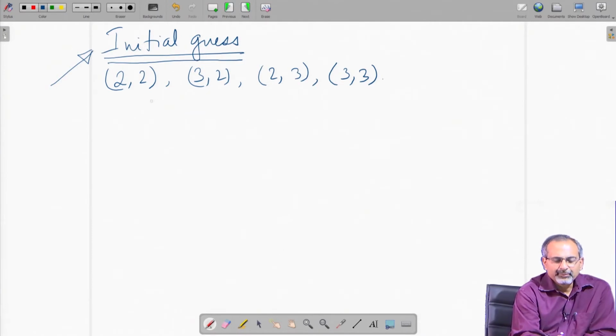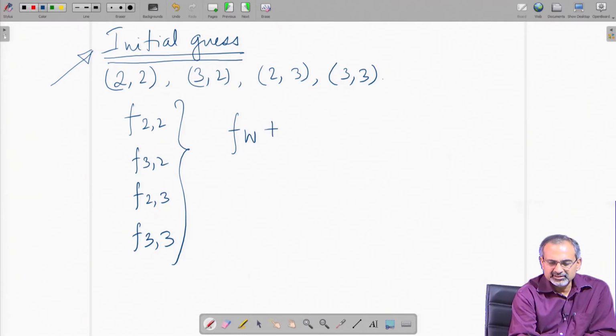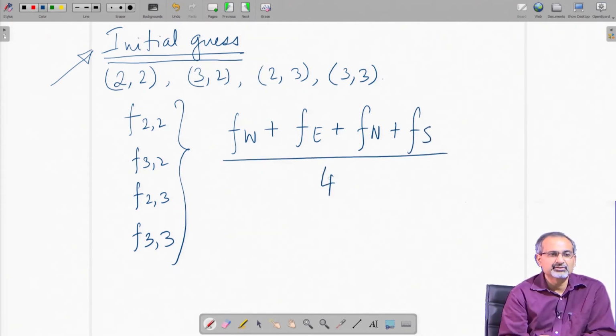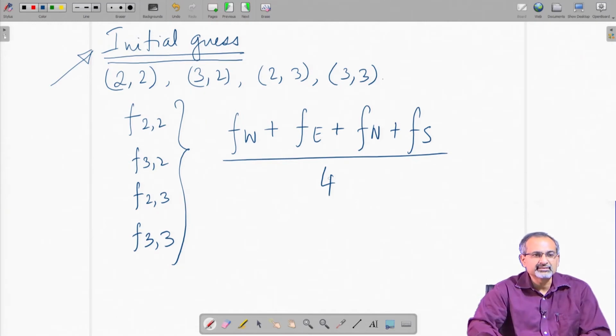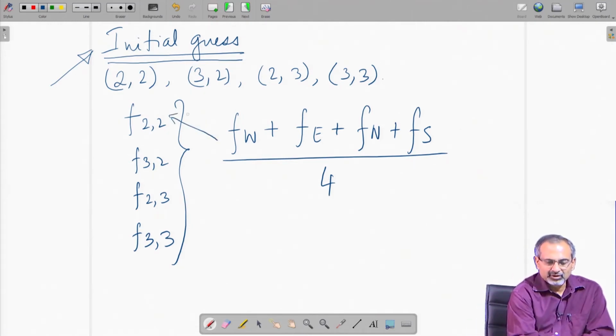How do we make an initial guess of the function at these grid points? What could be the possible strategy of doing that? Well, one simple strategy could be that you obtain the values of the function at the 4 boundaries that you have, and then just take an arithmetic average of the functional values at the boundaries and set that value at each one of these grid points.